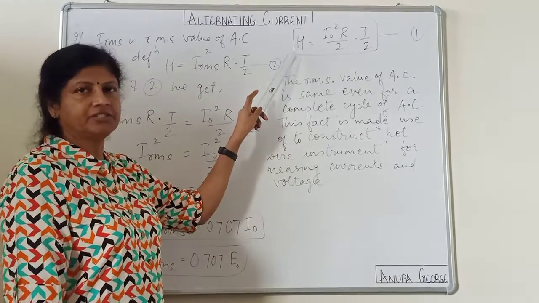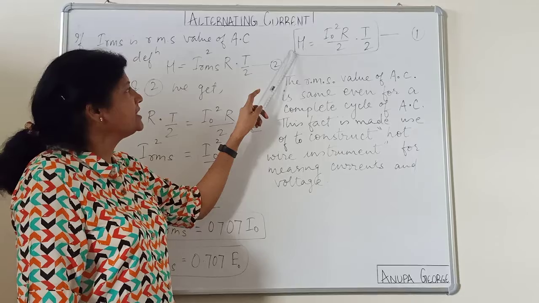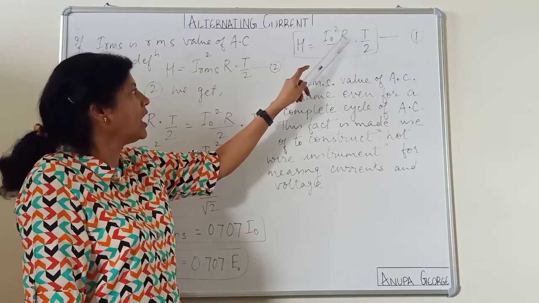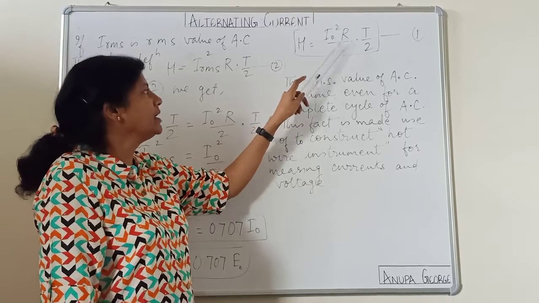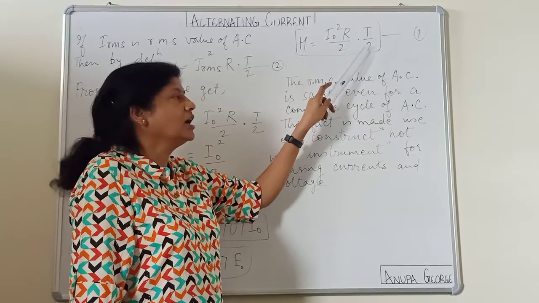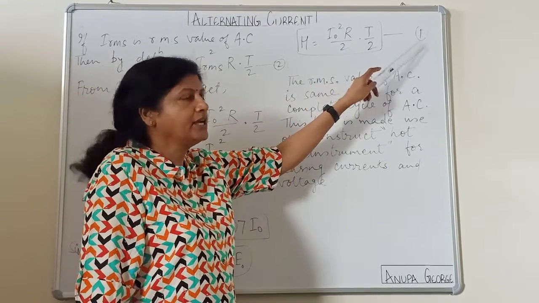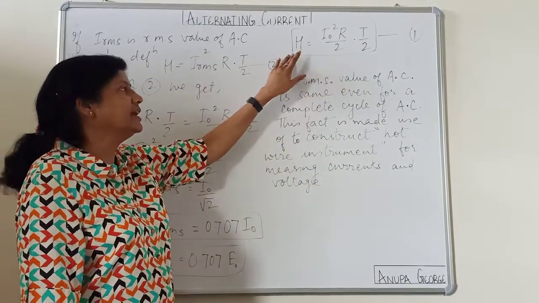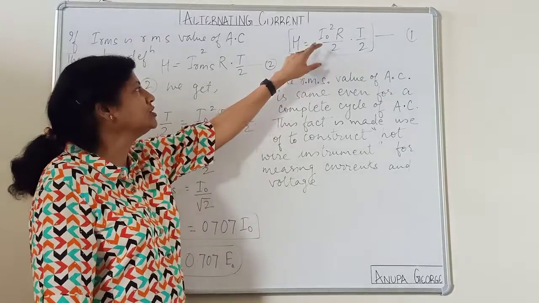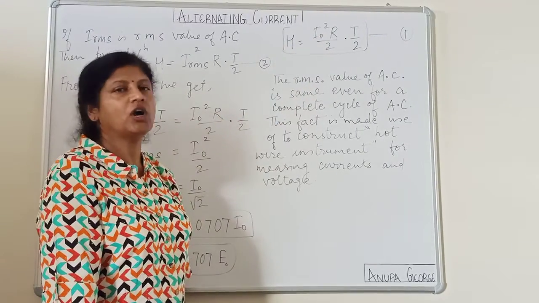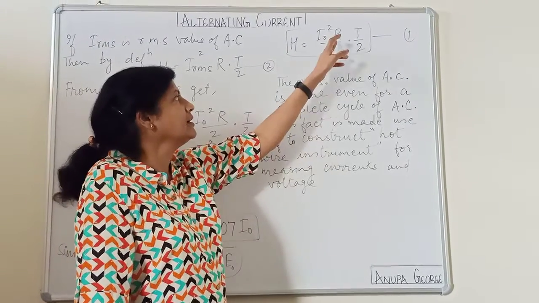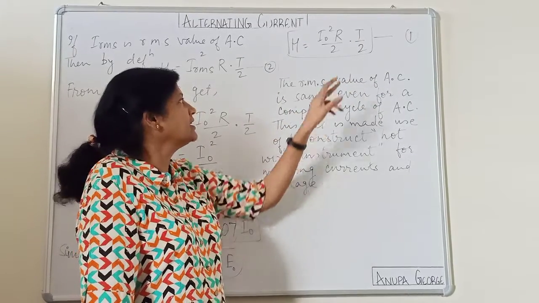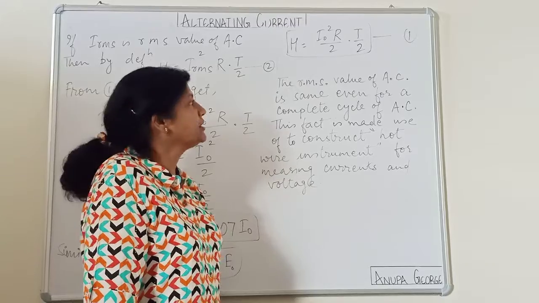Let it be equation number 1, where H is heating effect, I naught is peak value of alternating current, R is resistance of the metallic conductor, T is time period.